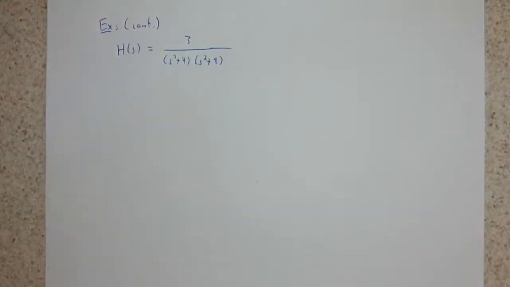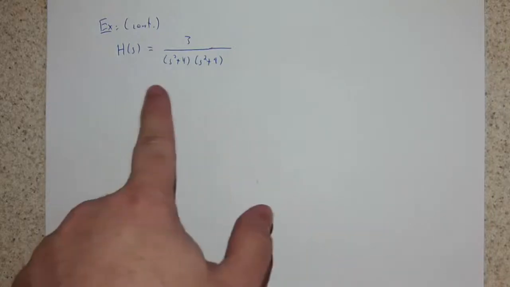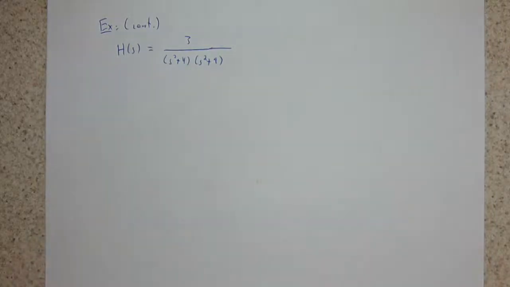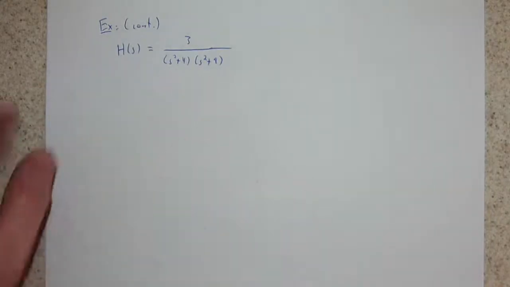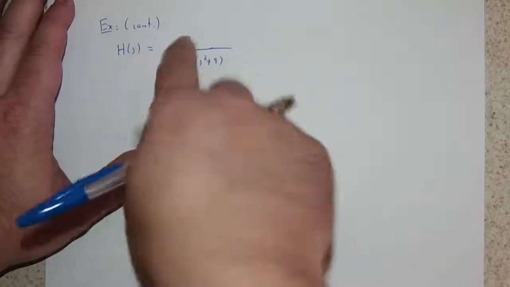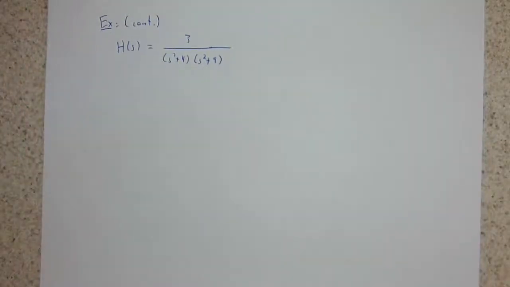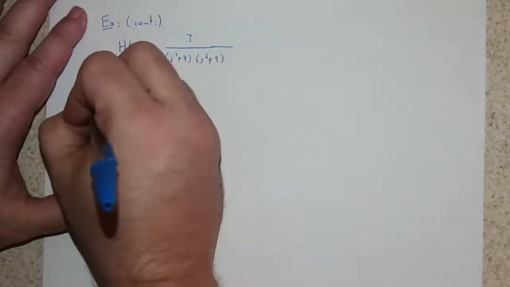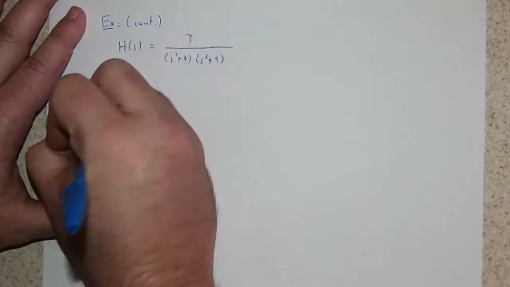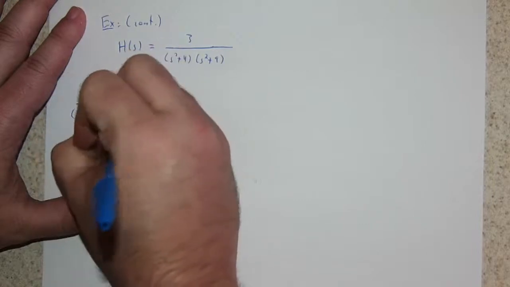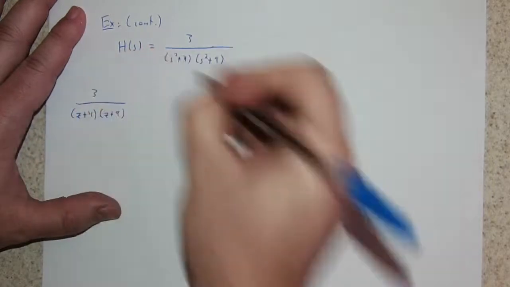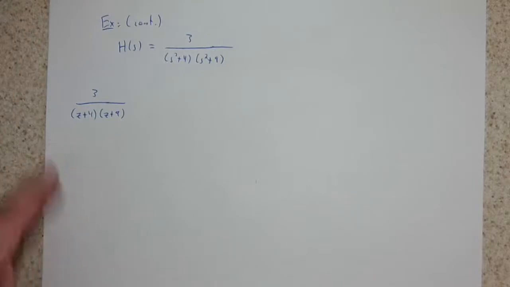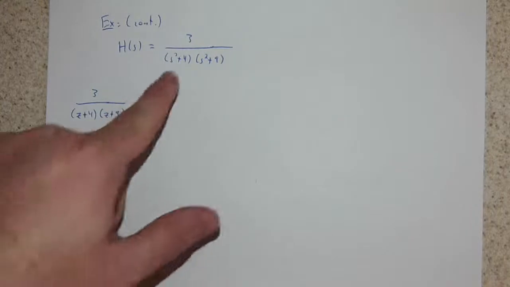You might say, well, I don't really remember how to do partial fractions decomposition when I have this kind of thing in the denominator. But really, algebraically, these s squareds are the same thing. This is just a rational expression, a fraction. Really, this is like 3 over z plus 4 times z plus 9, or you could have written x here, it doesn't matter. So this is the expression that I have, where z is s squared.